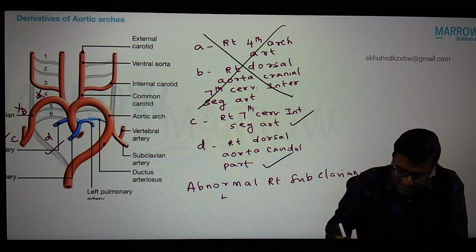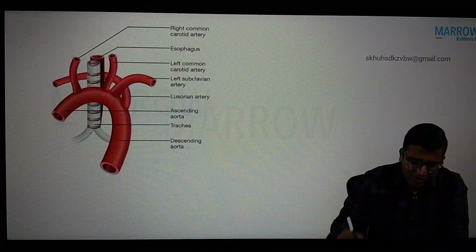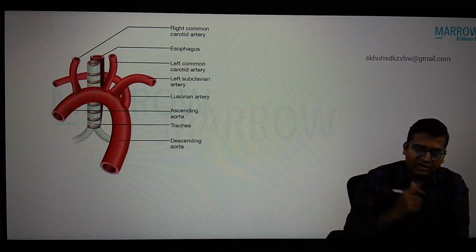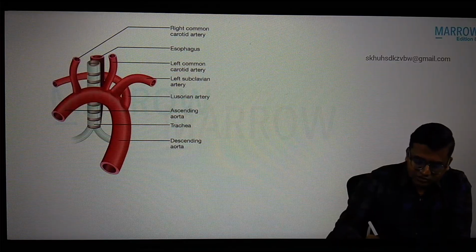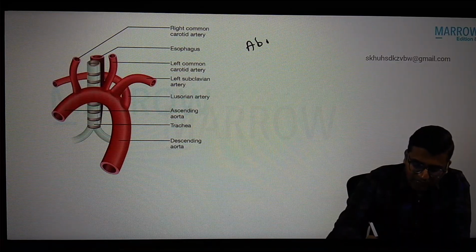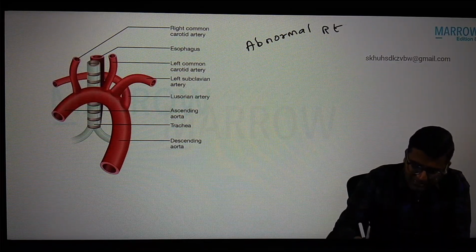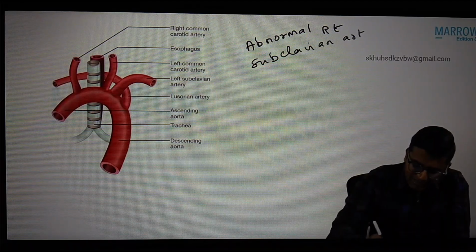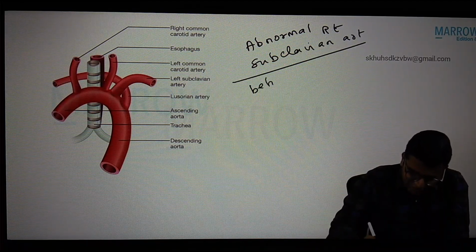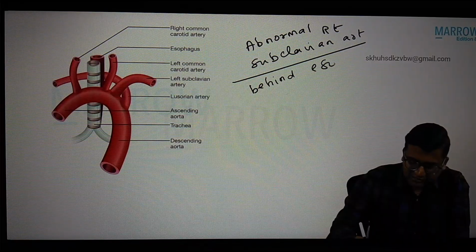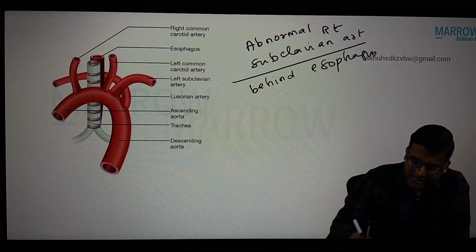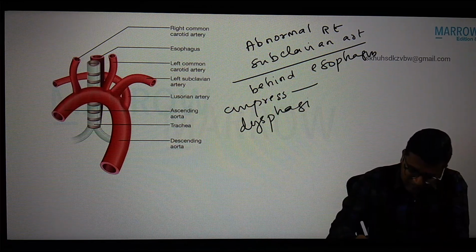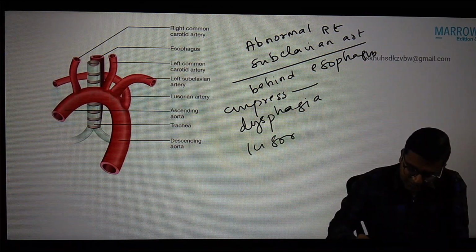Now this abnormal right subclavian artery will go behind the esophagus, which in turn obstructs and compresses the esophagus and causes dysphagia, called dysphagia lusoria.